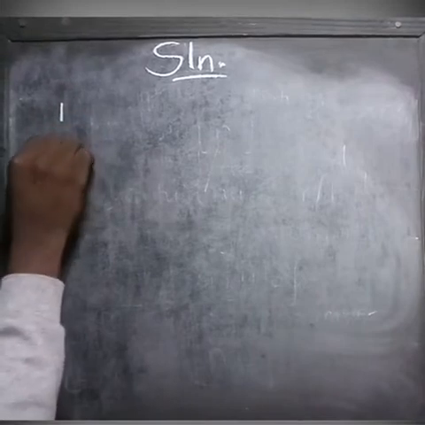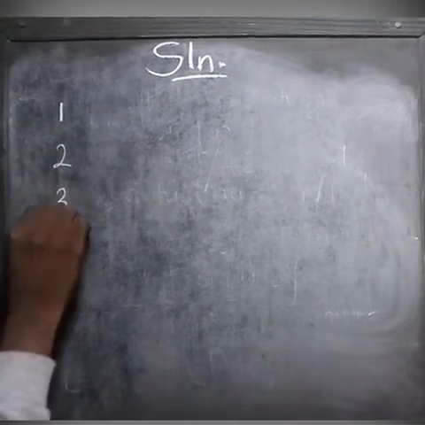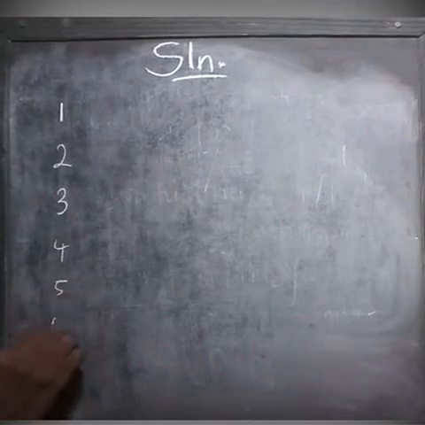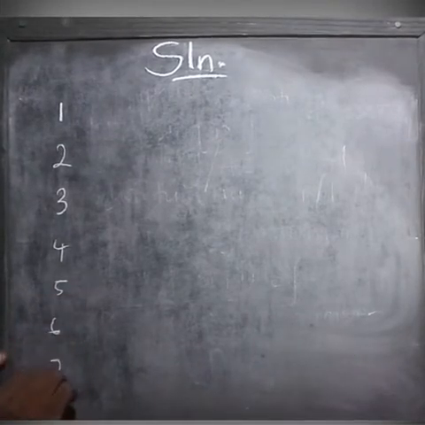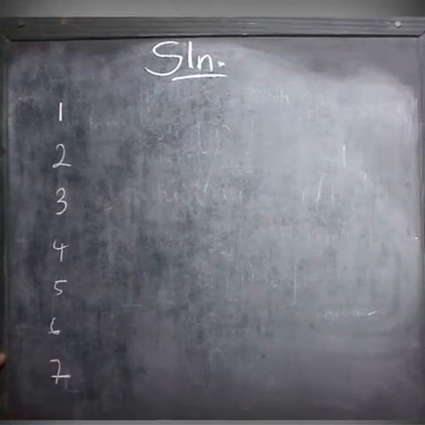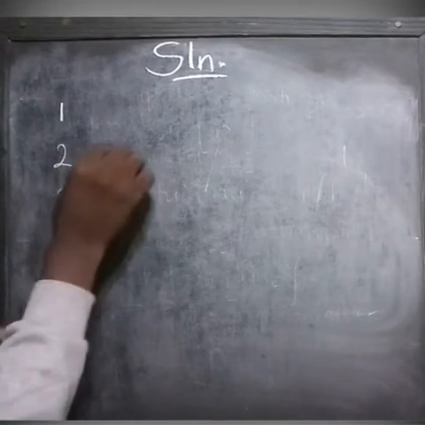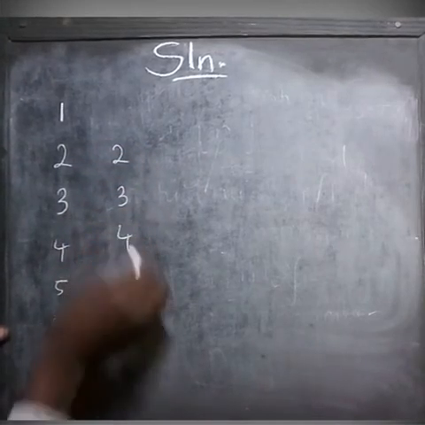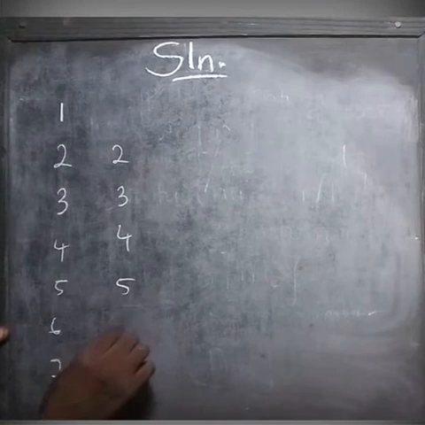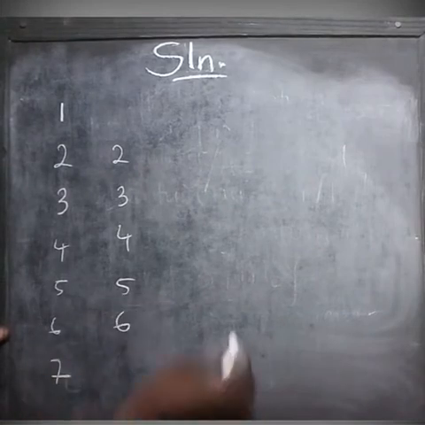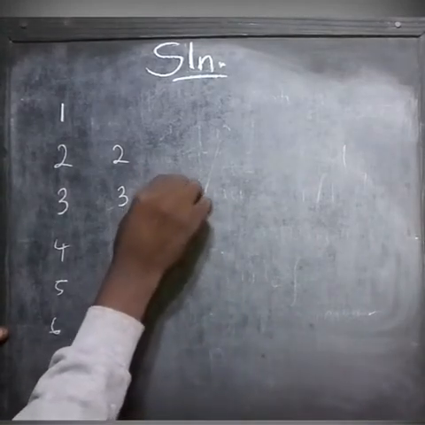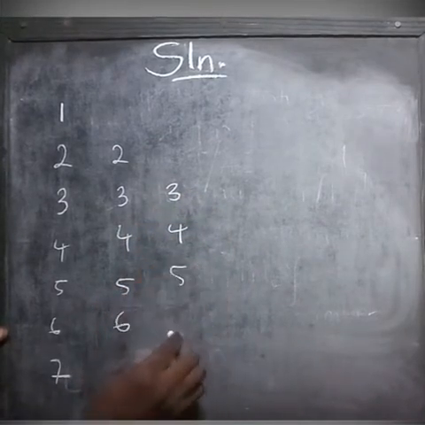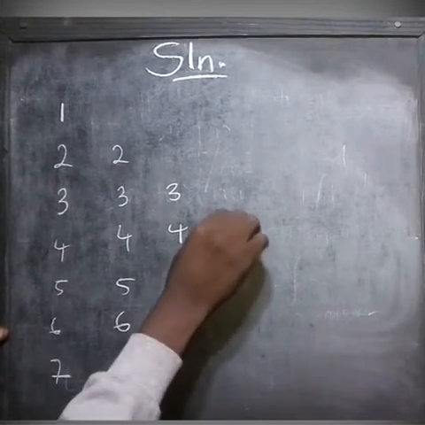You have 1, 2, 3, 4, 5, 6, and 7, then 2, 3, 4, 5, 6, 3, 4, 5, then 4 here.